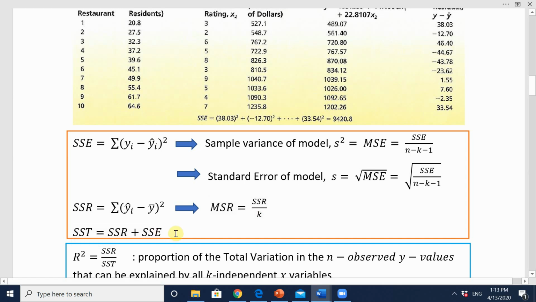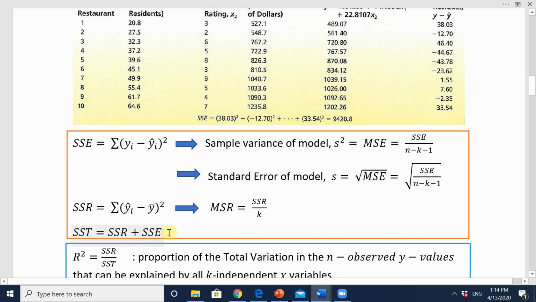And finally, we have our total variation in y, which is accounted for by taking the sum of squared regression residuals, or explained variation, plus the sum of squared residuals, or the unexplained variation. So total variation is equal to explained variation plus unexplained variation.